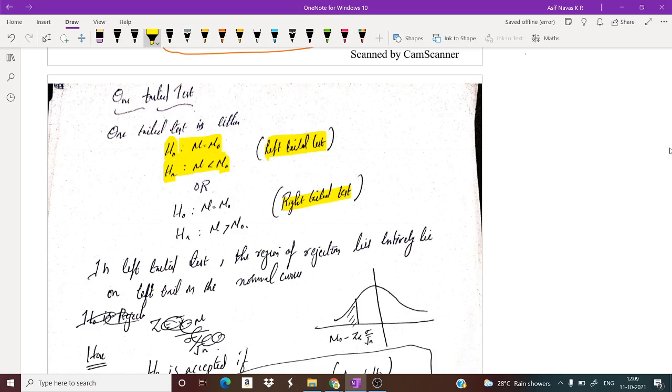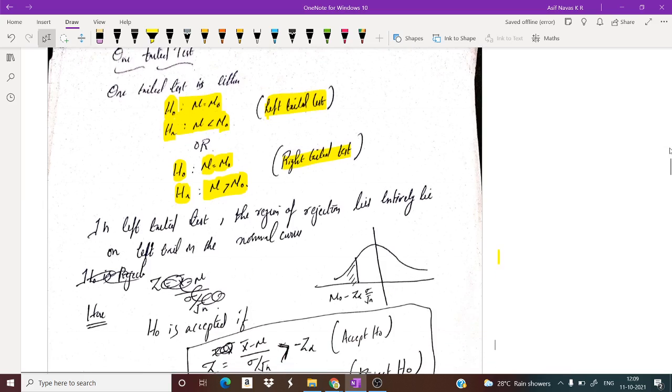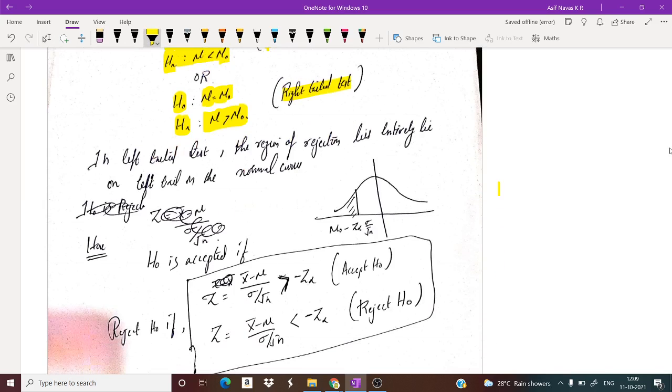In the right-tailed test, H naught is the same, mu equal to mu naught, and H A is mu greater than mu naught. So in the left-tailed test, we have to test H naught, mu equal to mu naught, against whether it is mu less than mu naught.